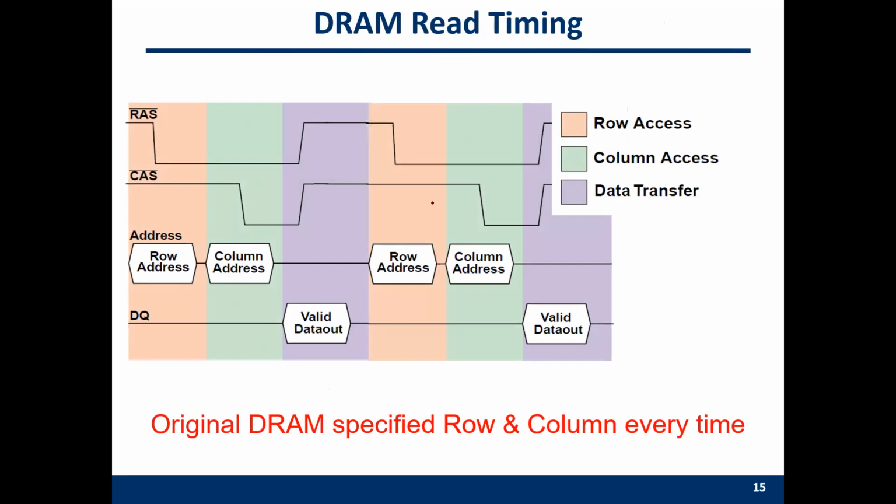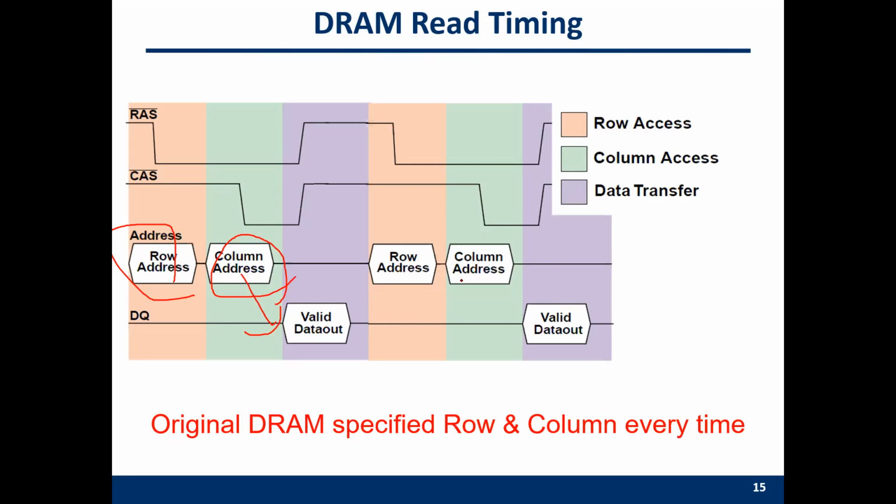So this is the timing of the DRAM read. Row strobe, CAS, column address strobe, and row address strobe, I'm sorry. And then you have some piece of data.